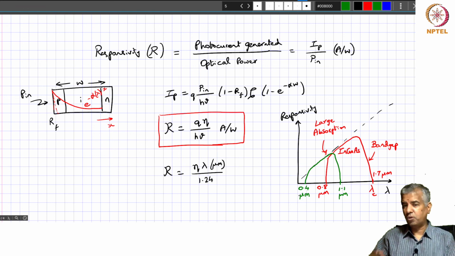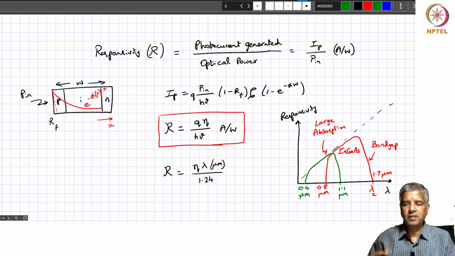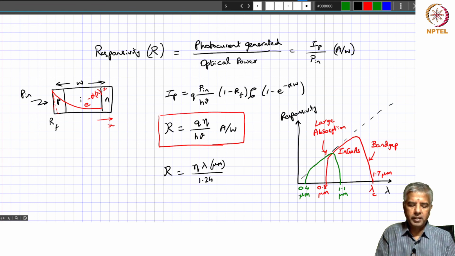Of course, if you have applications where you need to go into the UV region, you tend to use what is called a UV enhanced silicon photodiode, and in that case the entire structure is made very thin.